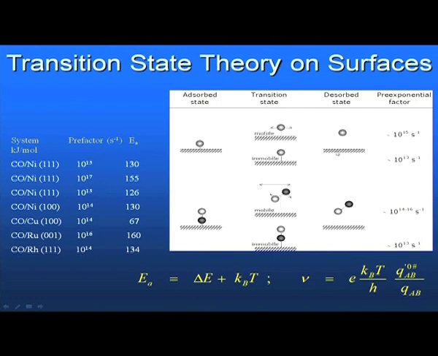And the desorbed state for both of these is like this, that is, distance is increased a little bit, and the pre-exponential factor comes out to be 10 to the power 15 and 10 to the power 13. Okay. So, basically you see that for the immobile case, the prefactor is less. But if it is mobile, then the prefactor is high.